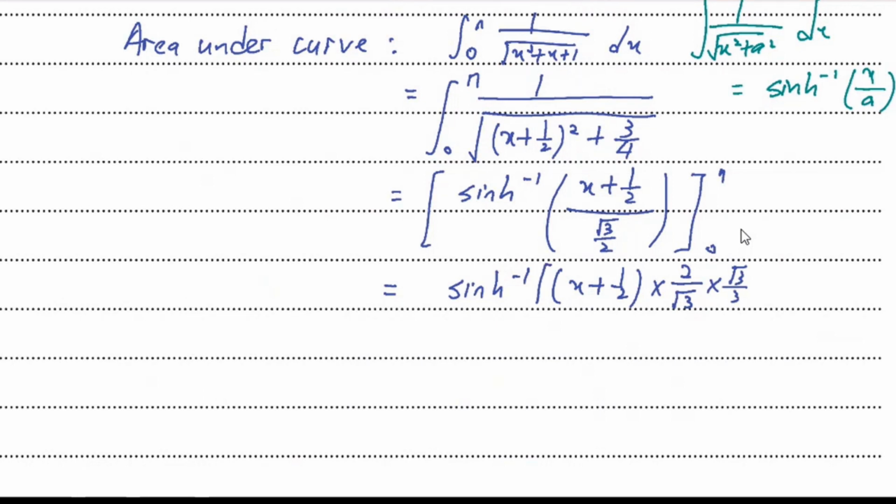Okay, so this is the expression of the arcsinh that we have here. Root 3, sorry. So if we do this, we are multiplying by 2 root 3 over 3 for this expression here.